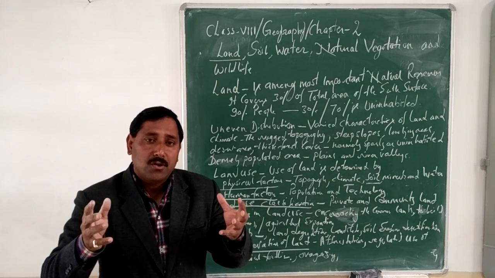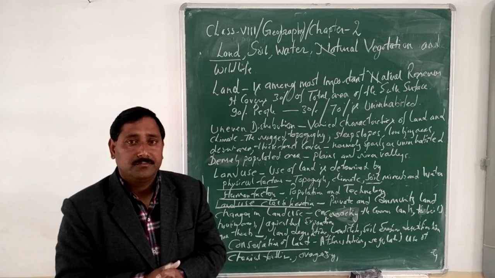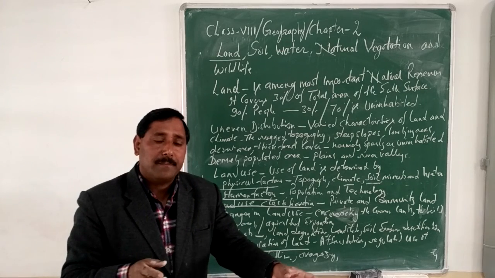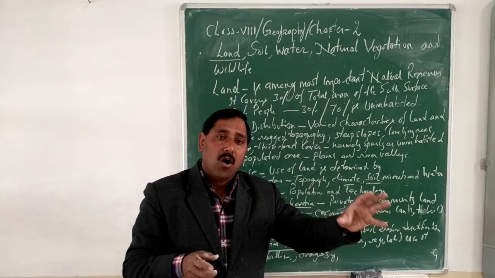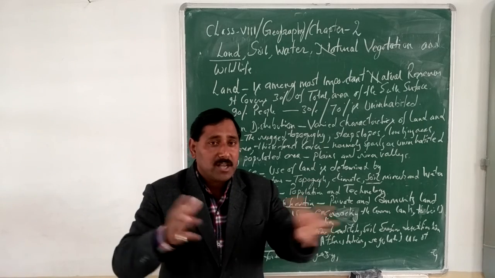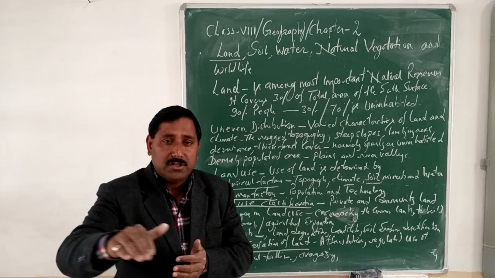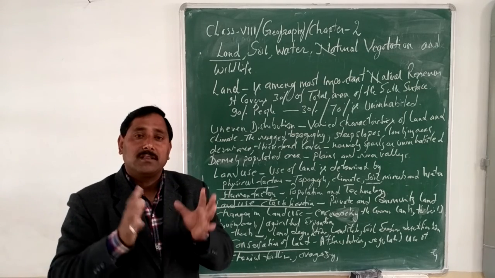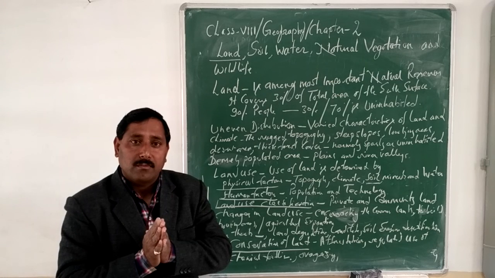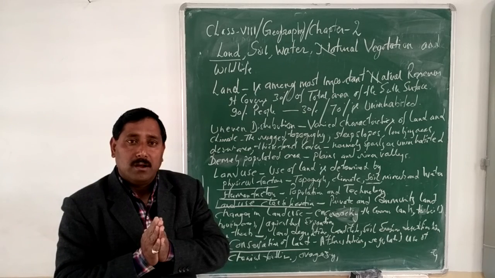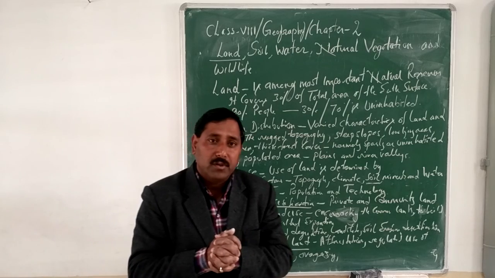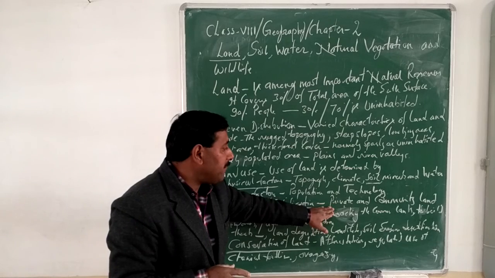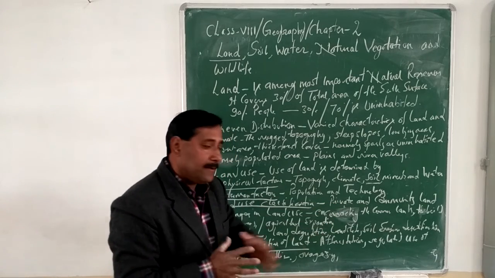Privately it is yours. You are the owner of that. And without your permission, nobody can utilize or use that piece of land. For example, your house, the agricultural land which you own yourself, which is under the land revenue, under the government of India, which is registered under your name. So that is your private property or private land.